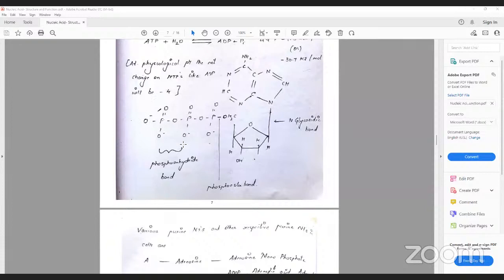During polymerization of these NTPs, the beta and gamma phosphates are released. Which is what I said, ATP on hydrolysis also becomes ADP and PPi. And in this process, 2 phosphates are released, so one is retained for forming the phosphodiester bond.